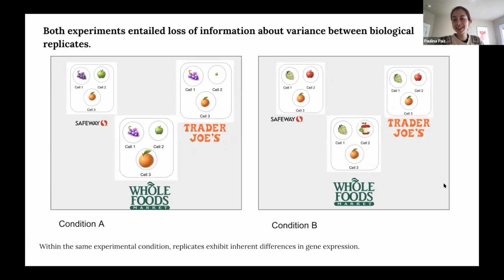And I think the authors could have done a better job with the transition towards this, because it was just a one sentence thing where they said, we immediately identified that both experiments entailed this loss of information about variance between biological replicates. And this is really the key of the paper.